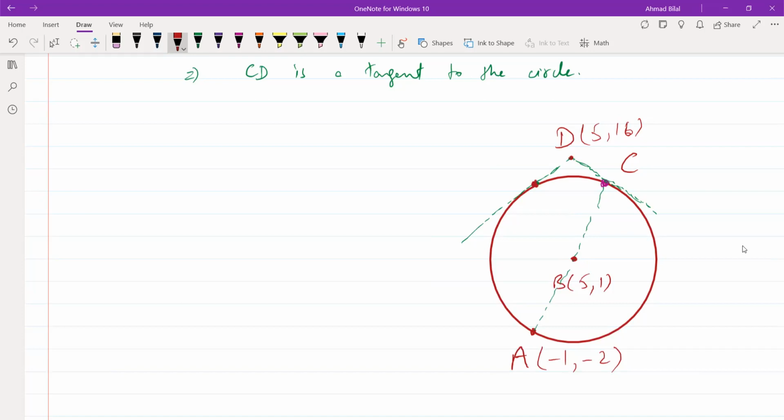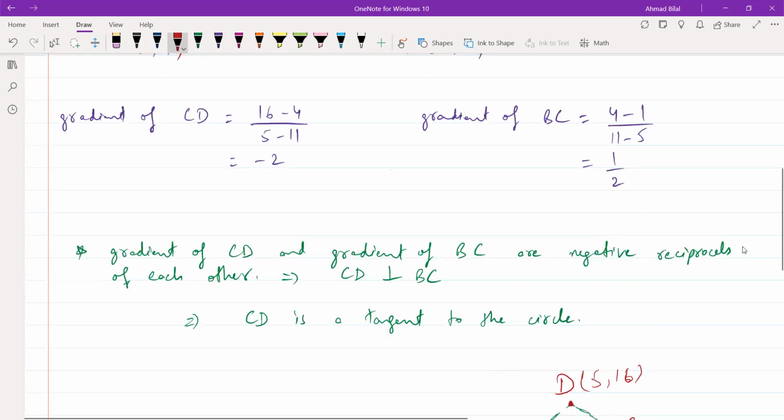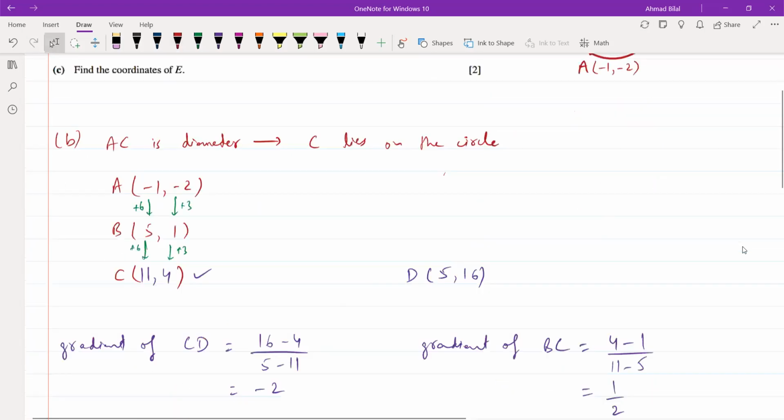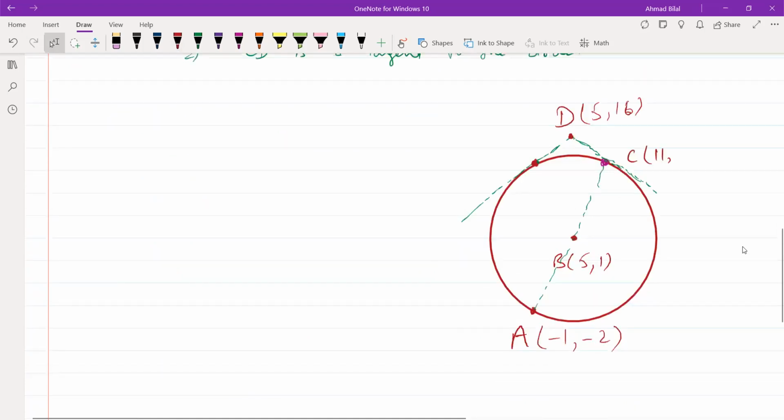Okay, it's not very accurate, of course, but you understand the point. We already have the coordinates of C now. The coordinates of C are, where were they? 11 and 4. So we have the coordinates of C, which are 11 and 4. What we have to do is we have to find the coordinates of this point E.